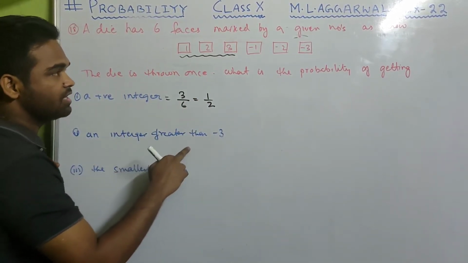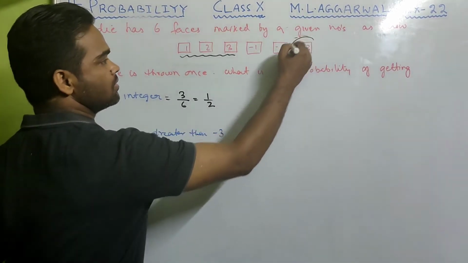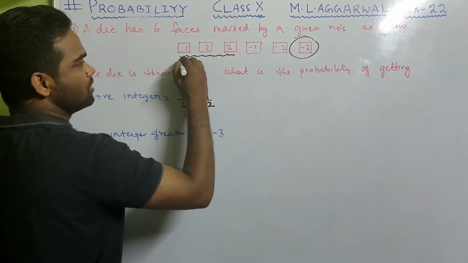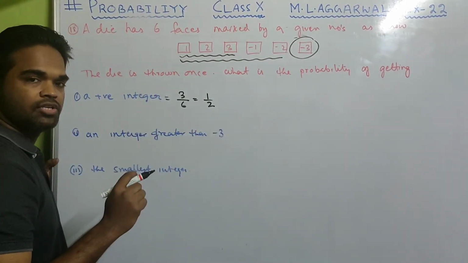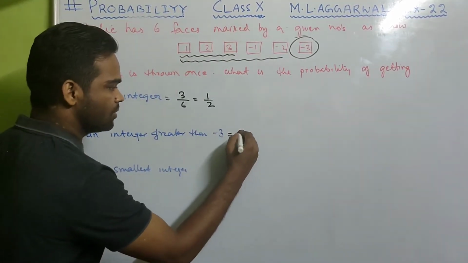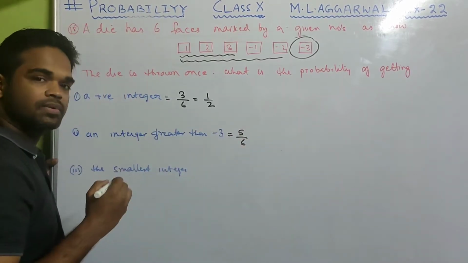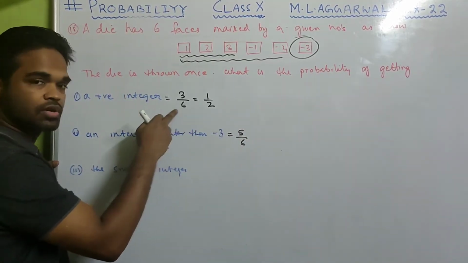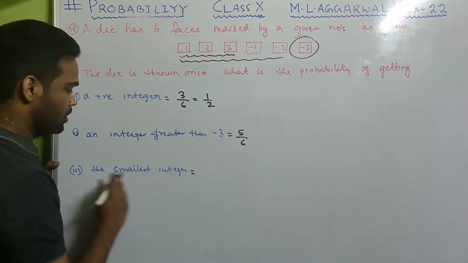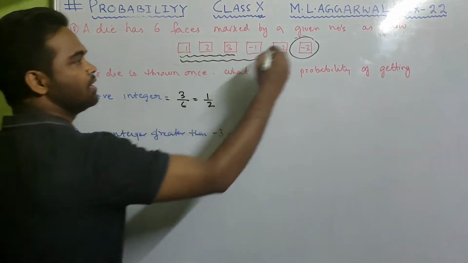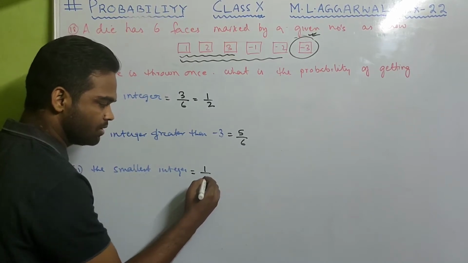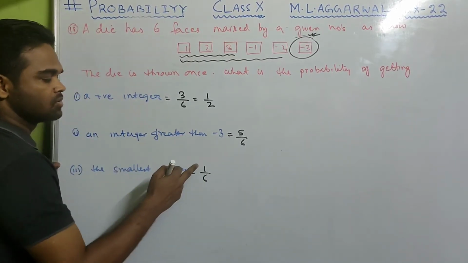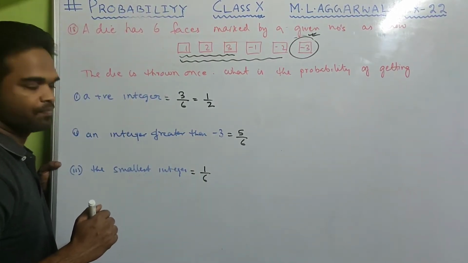An integer greater than minus 3. So greater than minus 3 are all these 5 integers, which means favorable outcomes is 5, total outcomes is 6. Always reduce, okay? Now, the smallest integer, clearly minus 3 is the smallest integer, which means 1 favorable outcome out of 6. So 1 by 6.